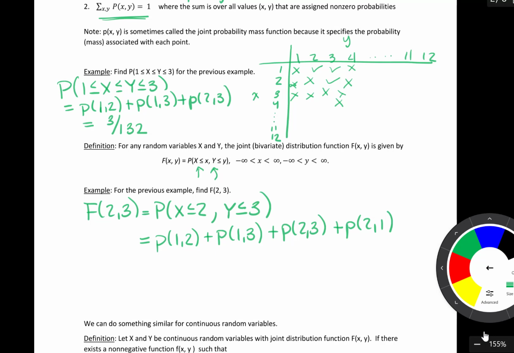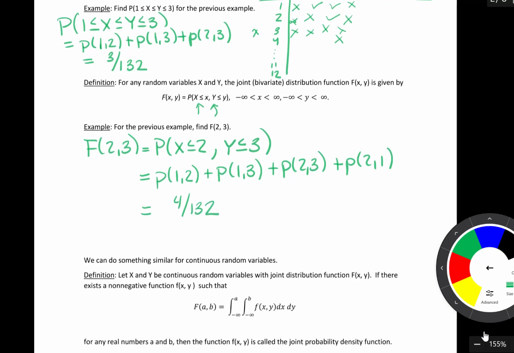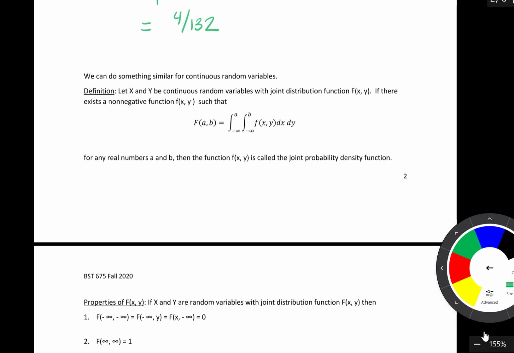And then again, remembering that each of these is equal to 1 divided by 132, we have 4 divided by 132. We could do something very similar for continuous random variables, except instead of summations, we would be looking at integrals. And so since we have 2 random variables, we're actually looking at a double integral here.